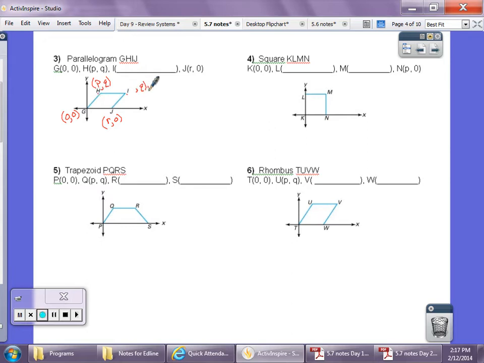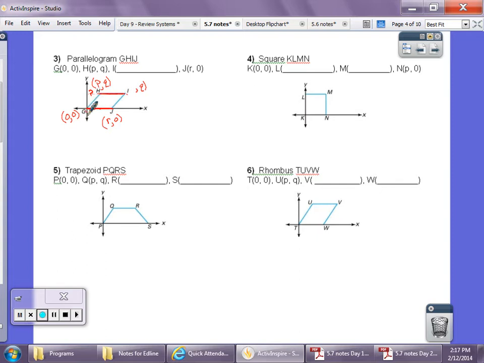And now what we can figure out is, well, how far did it go over? We know from here to here, this went over P units. And we know that this length is the same as this length.